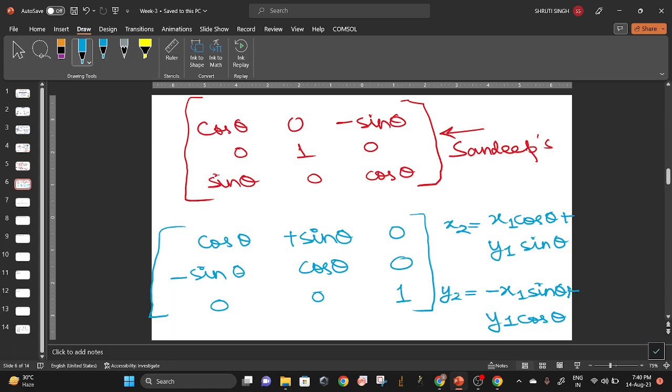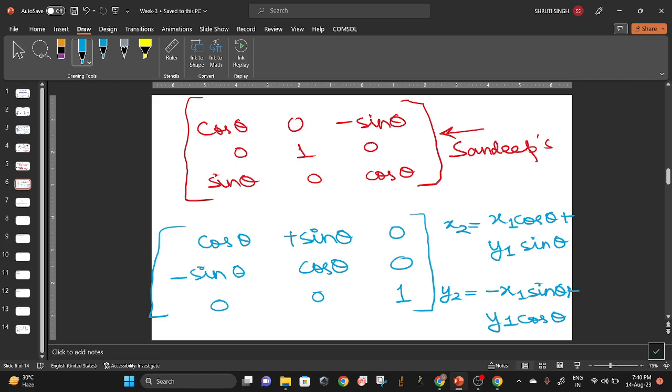When we are rotating about z axis, the z axis is affecting the x axis. Similarly, when we are rotating about y-axis, then the y-axis is going to affect the z-axis in the same fashion as the z-axis affected our x-axis.